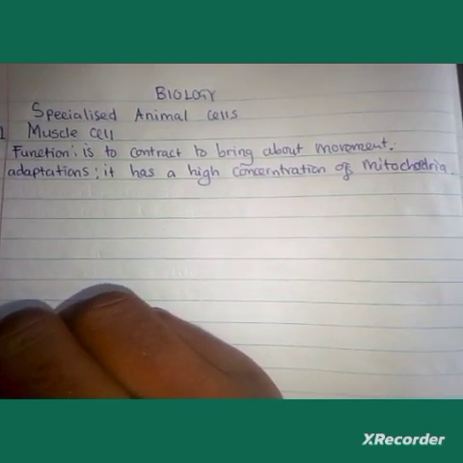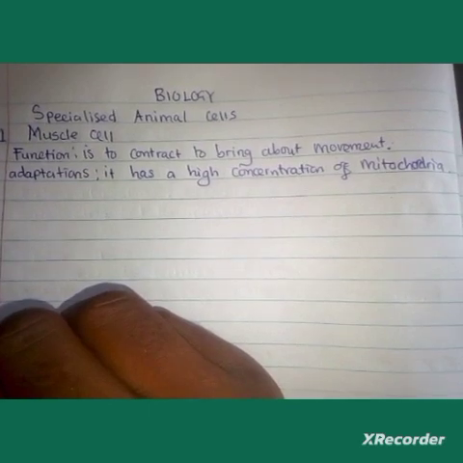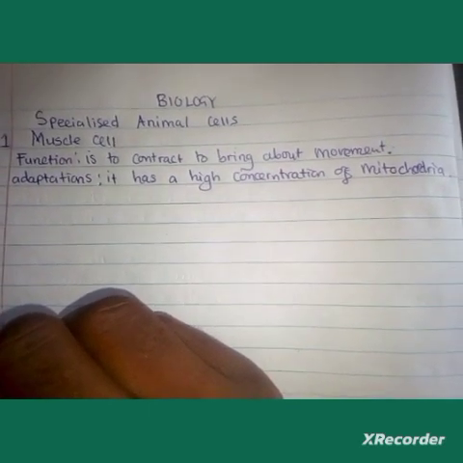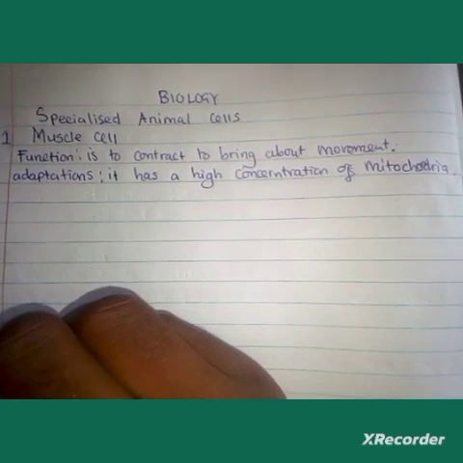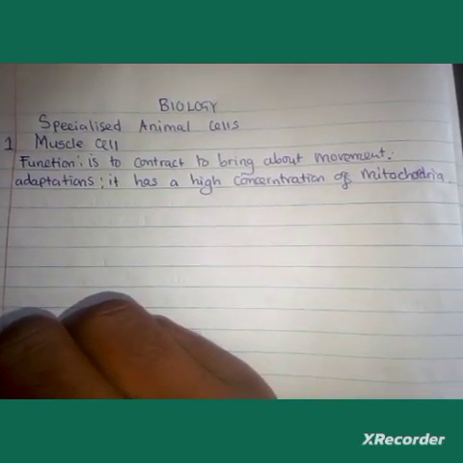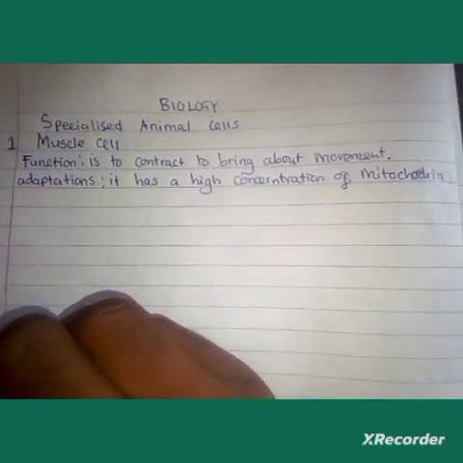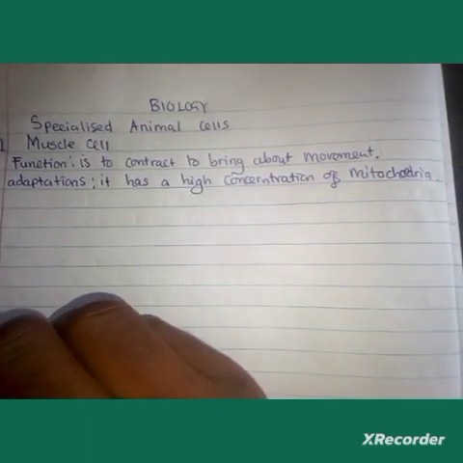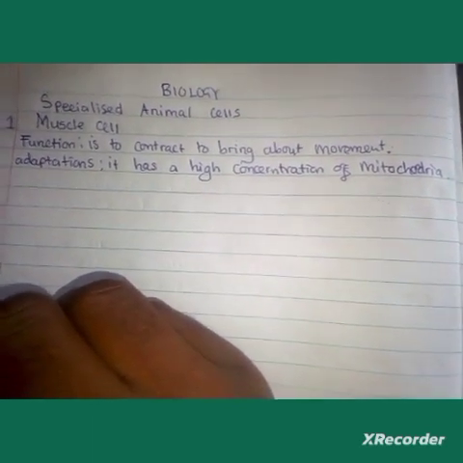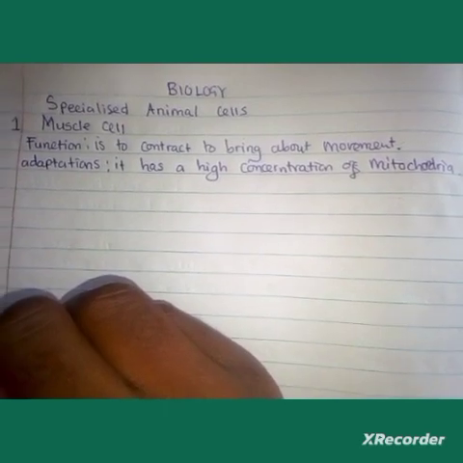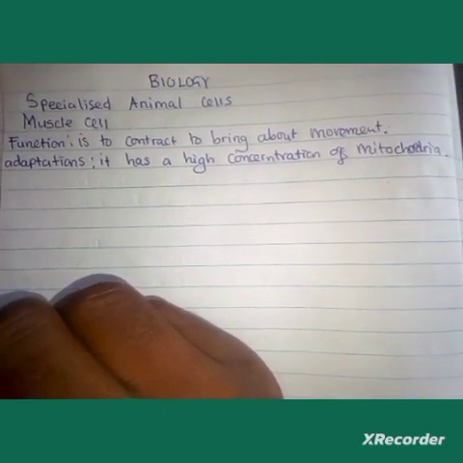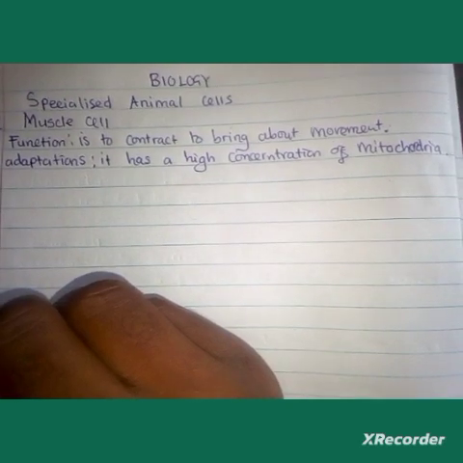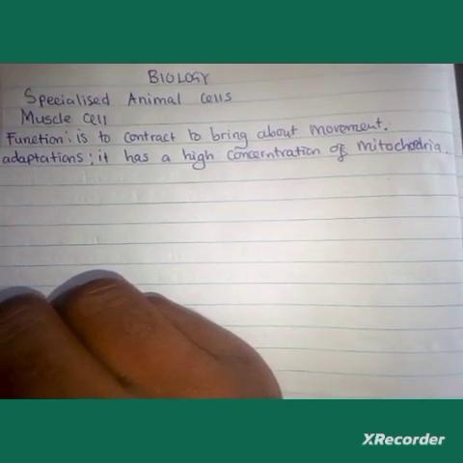So mitochondria, when we learned on the outer structure or detailed structure of an animal cell, we learned that the mitochondria is also referred to as the powerhouse. That is where respiration takes place. So respiration produces energy. So that is the energy needed to bring about movement. Okay, when you have not eaten, somebody cannot move from one place to another. So that is why we need food.